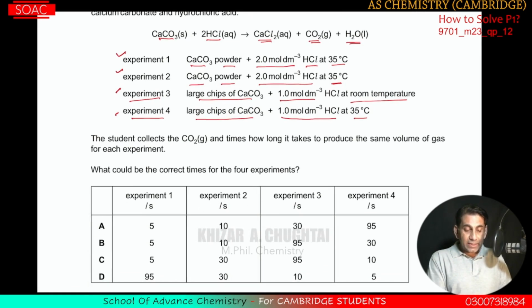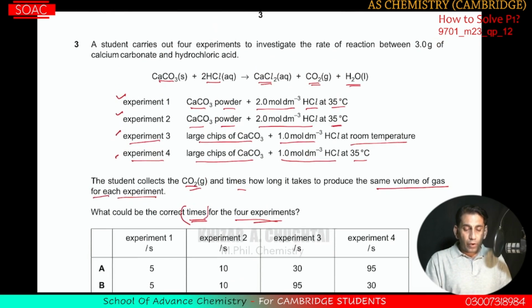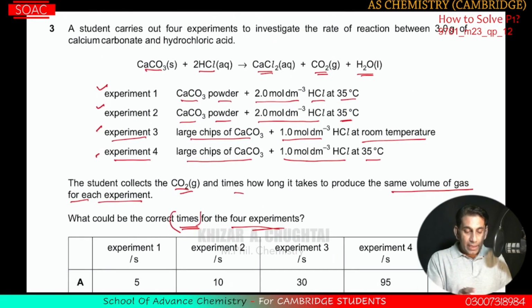The student collects CO2 and times how long it takes to produce the same volume of gas for each experiment. What would be the correct times for the 4 experiments? Options A, B, C and D. First of all, I'm starting from experiment number 3.